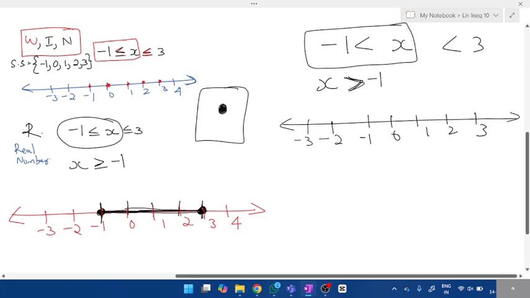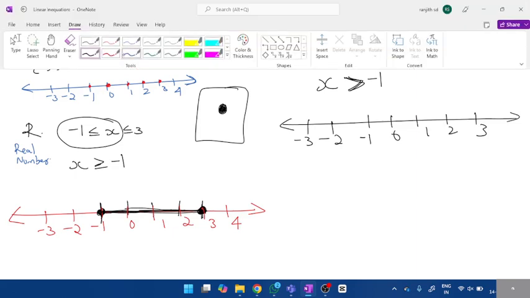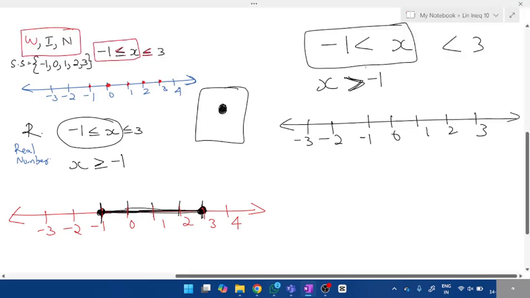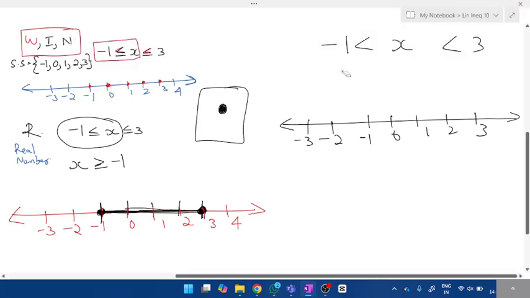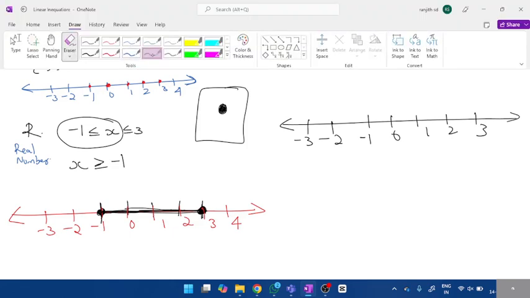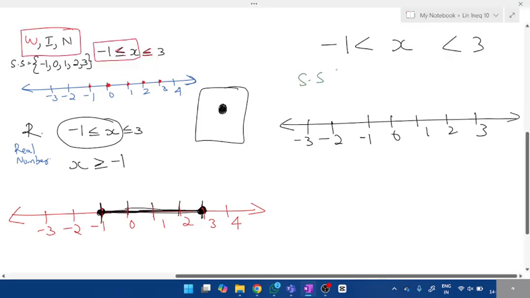See, greater than, or you can see the arrow. The arrow is pointing towards the right hand side. So after -1, everything on the right hand side. If you rewrite like this, you'll understand: x is greater than -1. Okay. So what are the values? Can you tell me the solution set? 0, 1, and less than 3. What do you mean by less than 3?